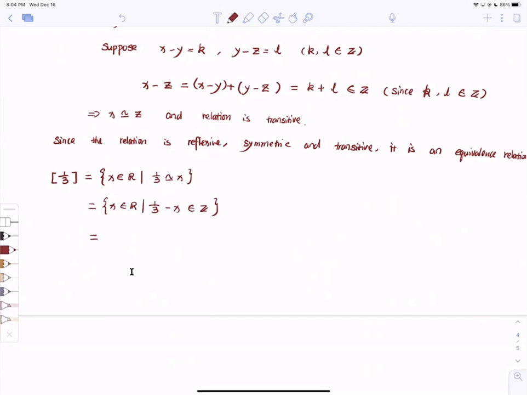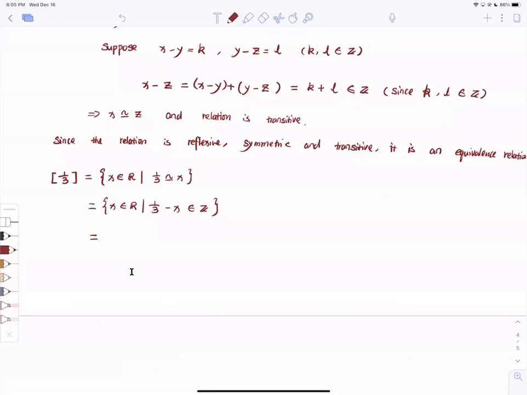So what can we write? How do we express this? It doesn't matter if it's 1 over 3 minus x or x minus 1 over 3.